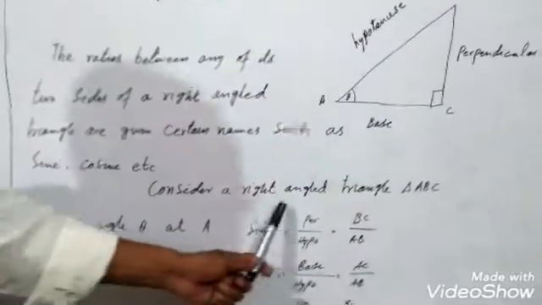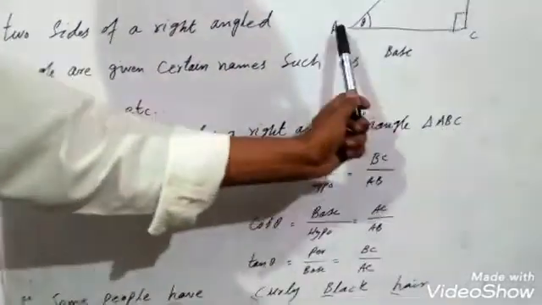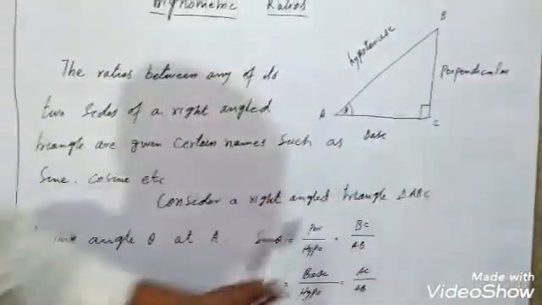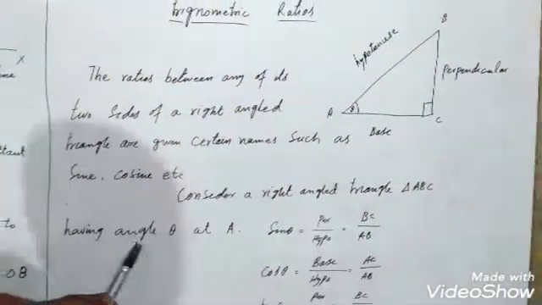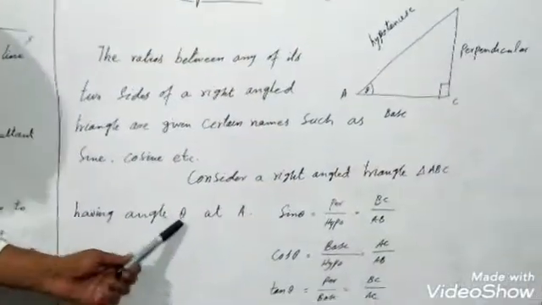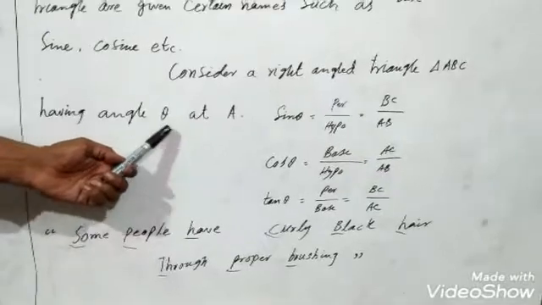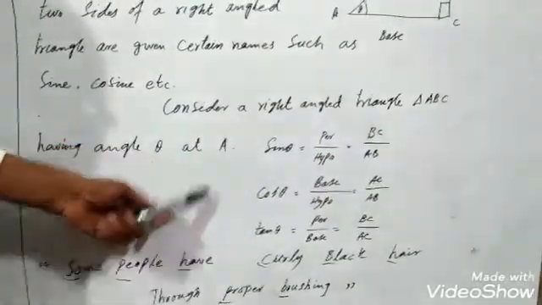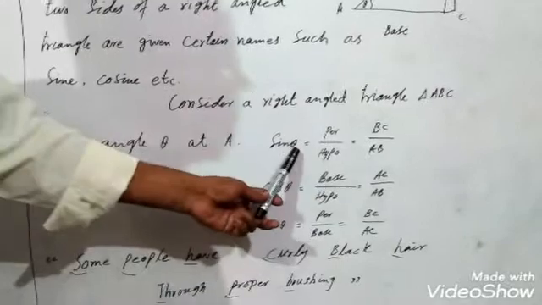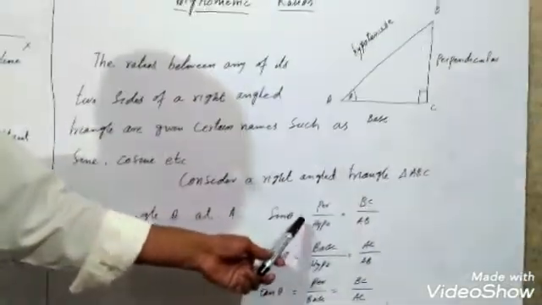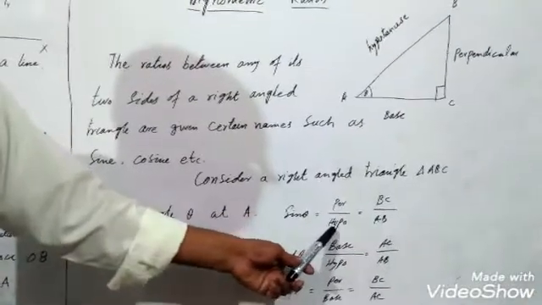So consider a right angle triangle ABC having angle theta. Theta is a Greek letter which is used for the angle at point A. So sine theta is a ratio between perpendicular and hypotenuse.